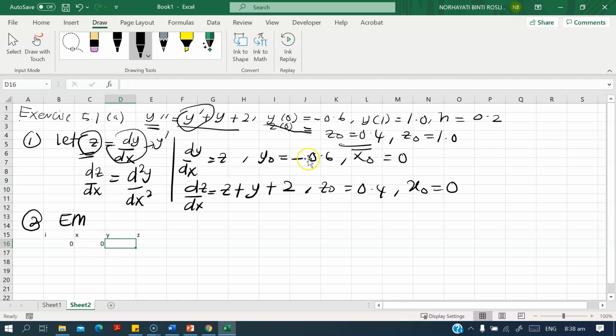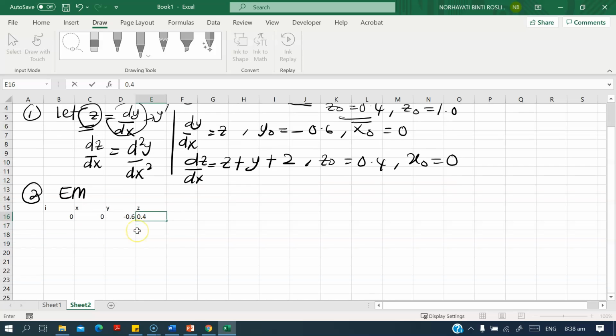And y here is also y0. y0 is negative 0.6, which is given in the question here. And then for our z0, we use the first guess first, which is 0.4. And then class, we want to find the next value, so i should be increased. So i equal to 1.